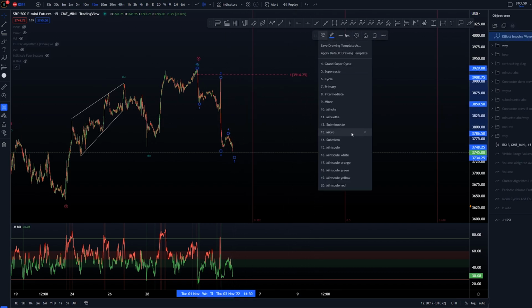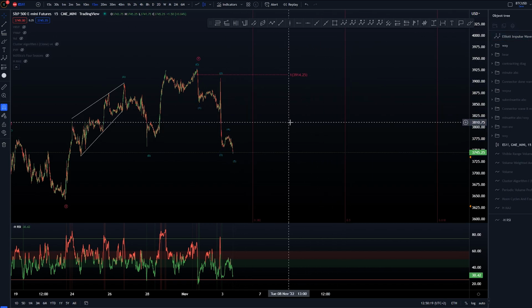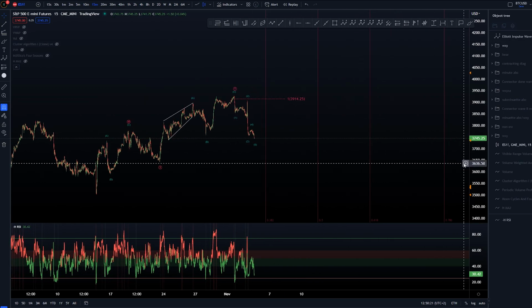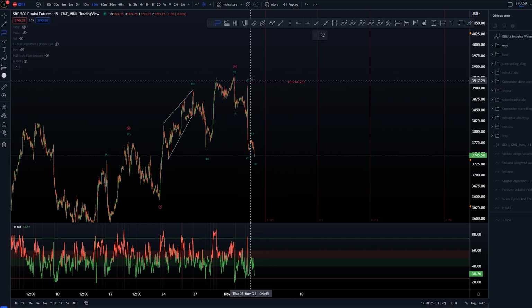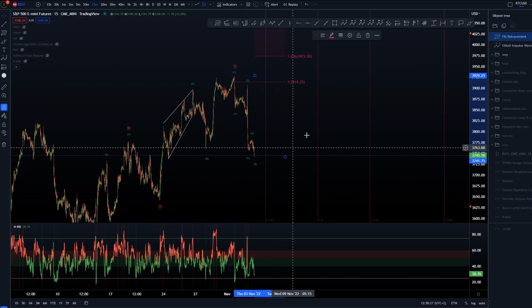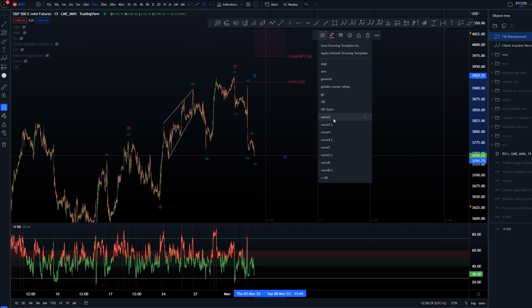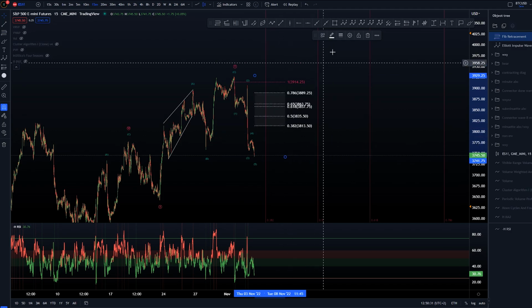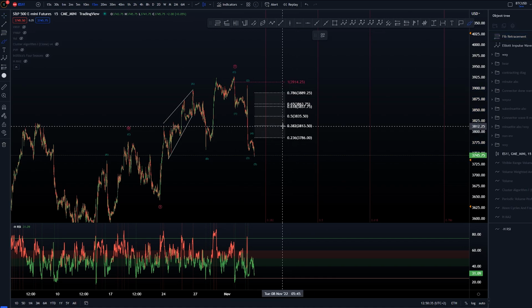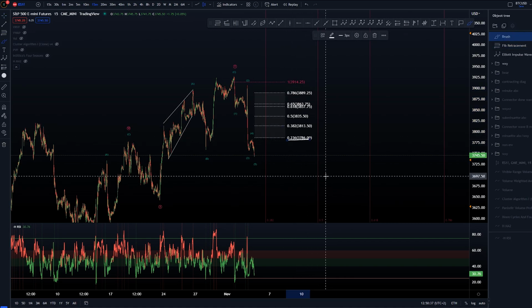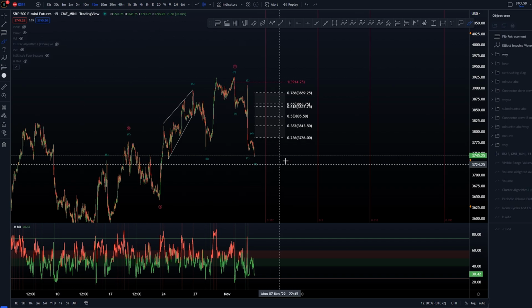So if we think that, again, this is the start of something, we would be expecting another pullback here. And on S&P 500 case, the expectation would be at least the 23.6. Again, 38.2 is the one that I use for crypto. 23.6 is something that I use for S&P 500 as of late.